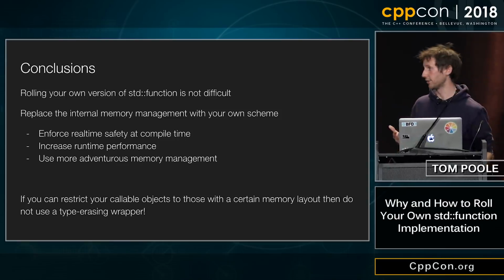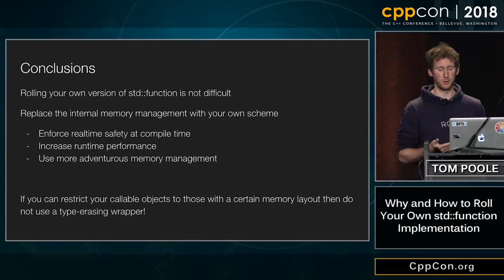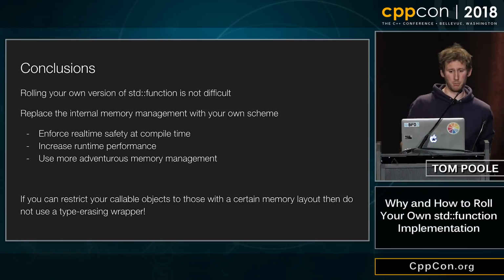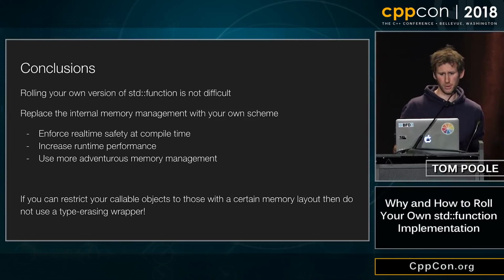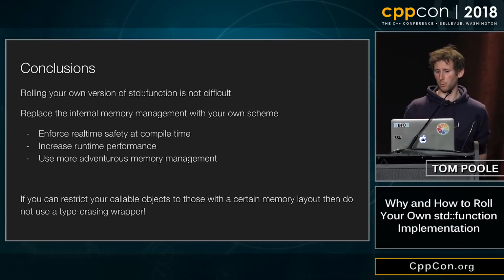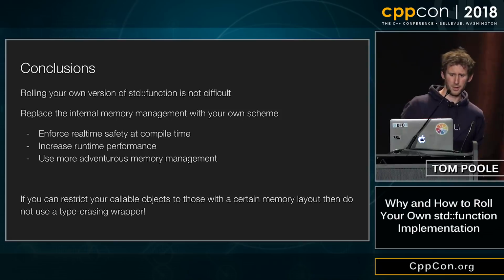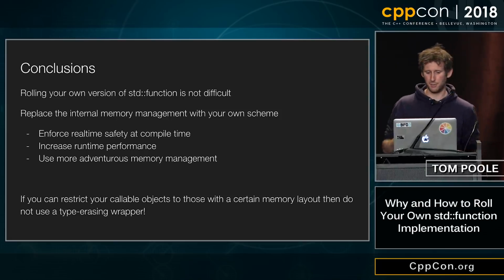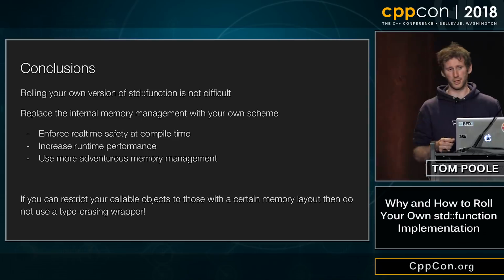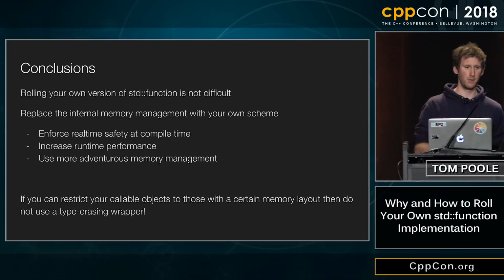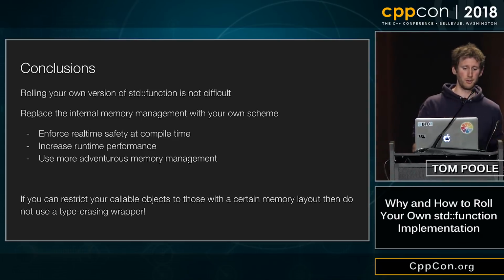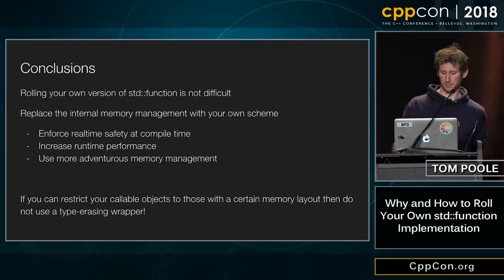This lets you do things like enforce real-time safety at compile time by guaranteeing that you're not going to allocate. You can get a modest increase in runtime performance, or you could do something much more adventurous. But the really important caveat is that if you're able to restrict your callable object to those with a certain memory layout or type, then do not use a type erasing wrapper.